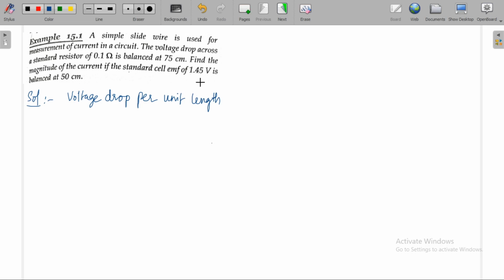That is, the standstill EMF of 1.45 volts is balanced at 50 centimeters. Means voltage drop per unit length is equal to 1.45 volts by 50 centimeters, which will be equal to 0.029 volts per centimeter.